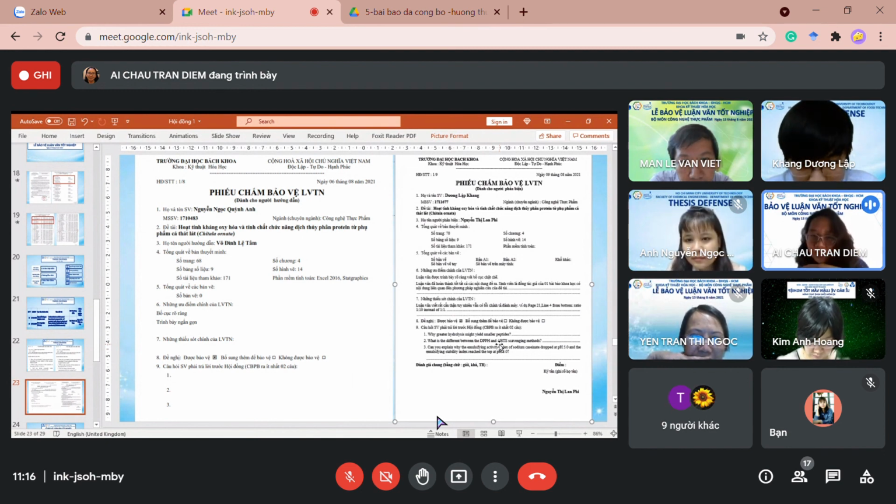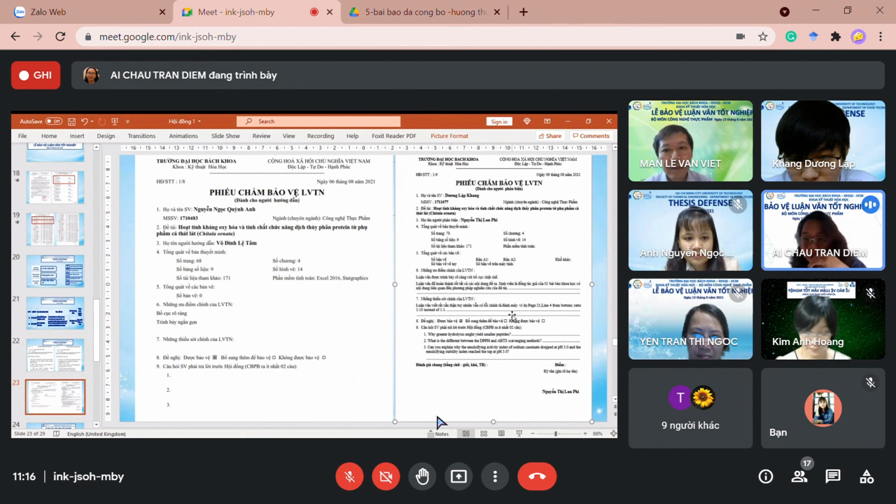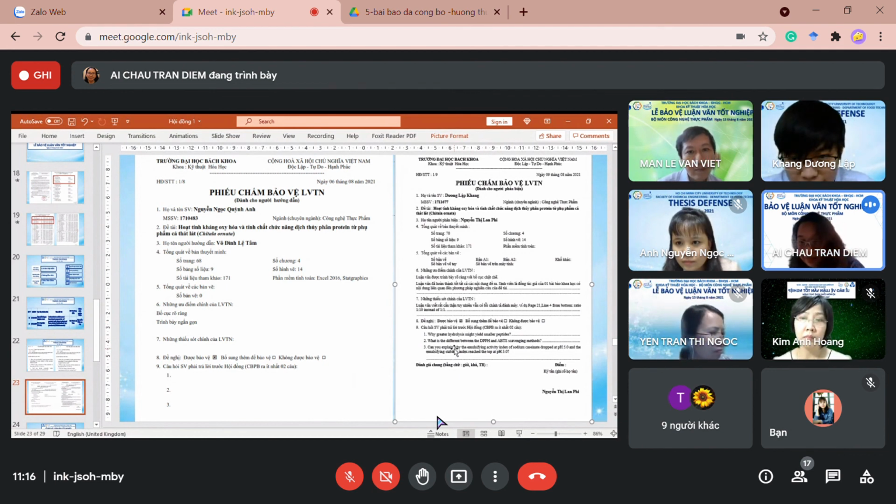It is very well structured and well organized, and you still have some typing mistakes, for example, on some pages like page 21, etc. But it's quite good. Thank you.